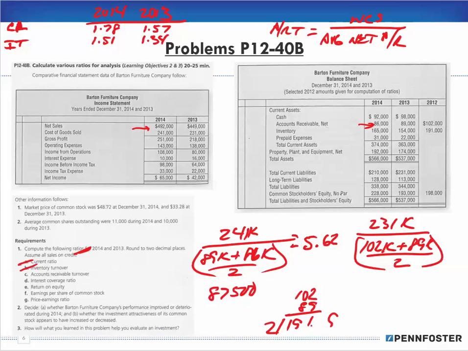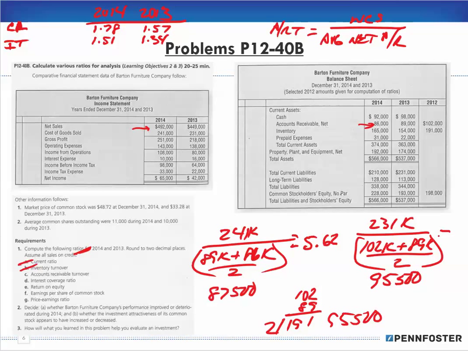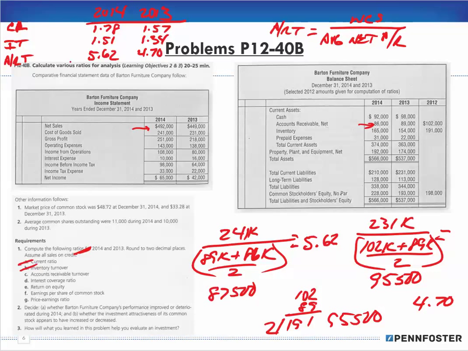Divide that by 2, 95,500. So take 231,000, divide it by 95,500, and we end up with 4.70. So our accounts receivable turnover is 5.62 and 4.70. Pause the video because I'm going to erase it.